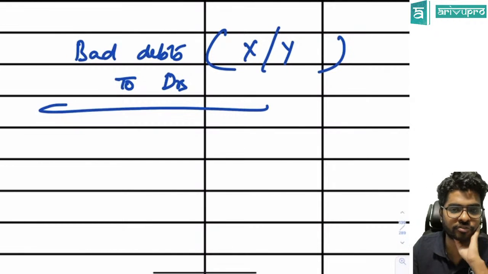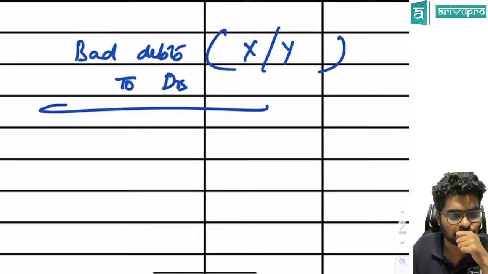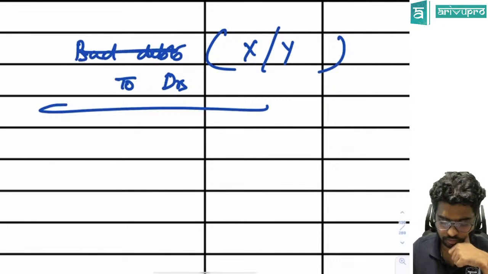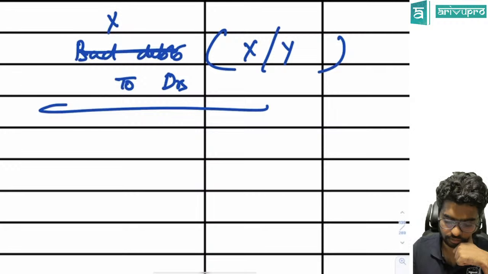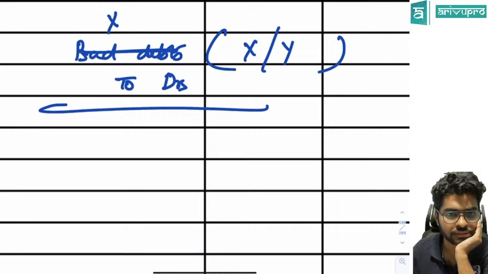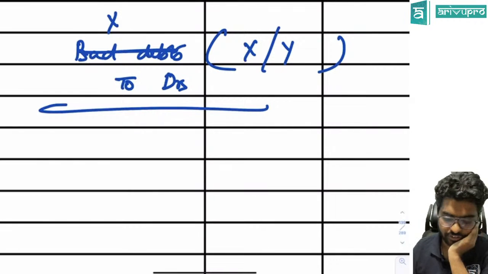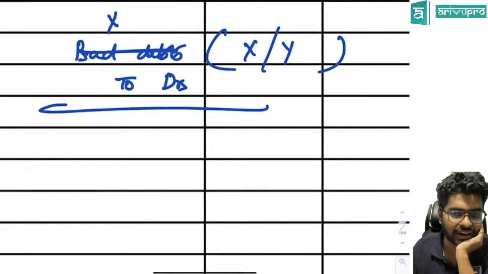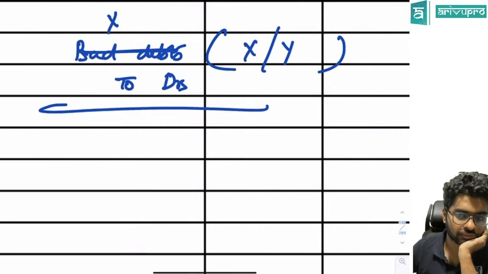Is this bad debts of X or Y? X, right? So you'll be writing X to debtors. If it was Y, you would have written it as same bad debts as debtors. That's all.